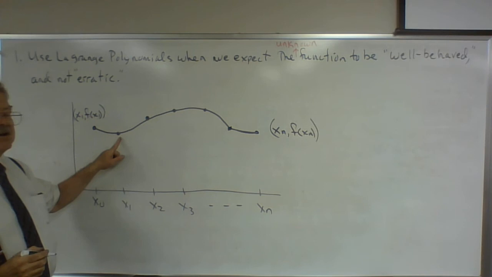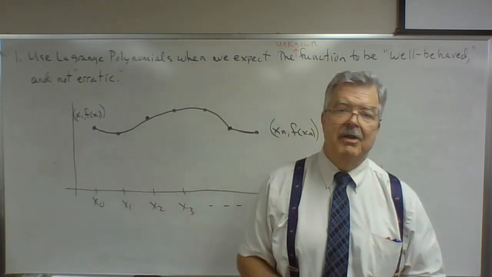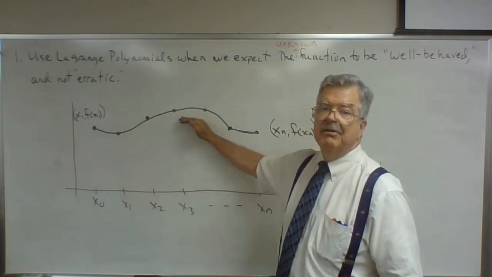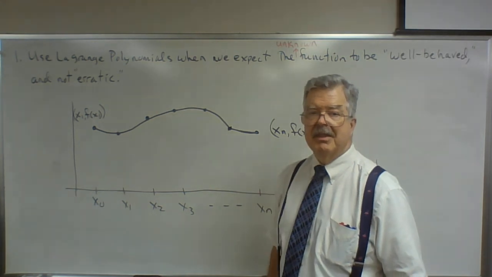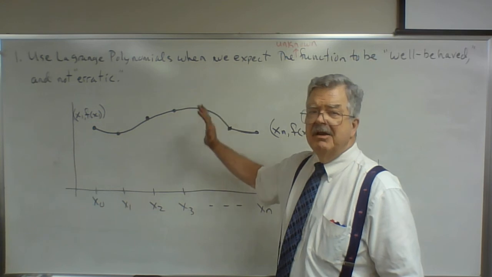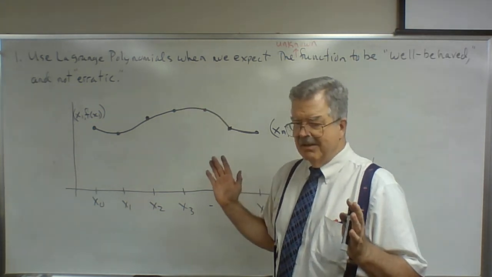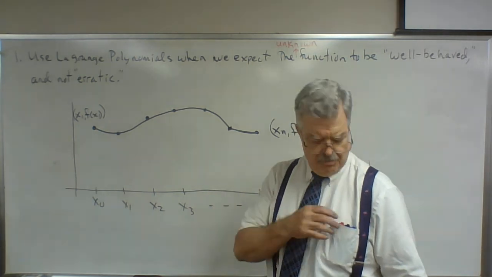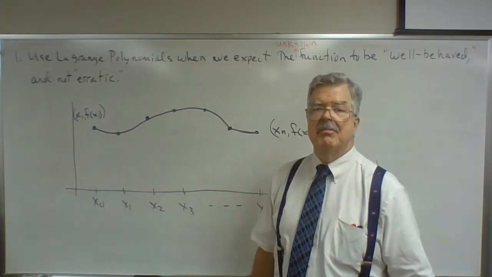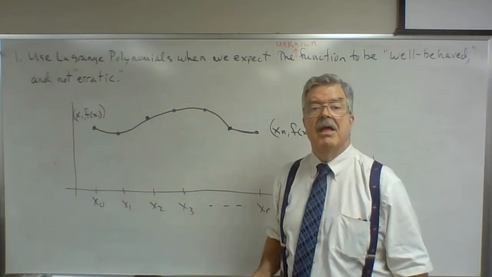Maybe this is what the unknown function looks like. And our Lagrange polynomial, being a polynomial, is probably going to look kind of like this. And if we expect the unknown function to be well behaved, not a screwball function, the Lagrange polynomial will probably approximate it very nicely, especially if we have a lot of data points.